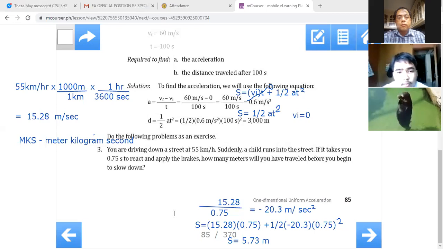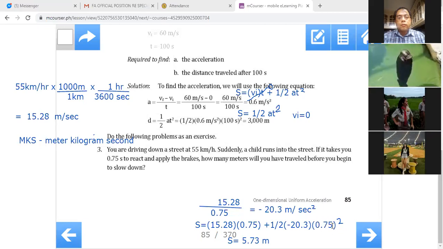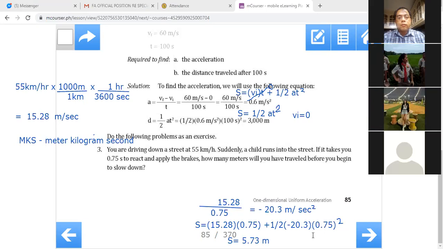Sir, the answer for S is 5.75, sir. You still have to square it. 0.75 is the time, right? I mean, our answer, sir. No, sir, 5.75. Okay, 5.75.